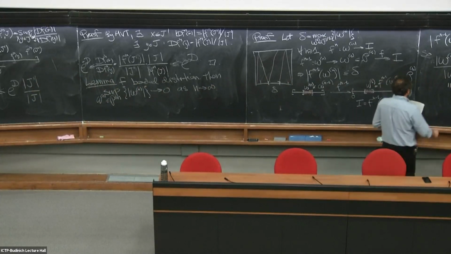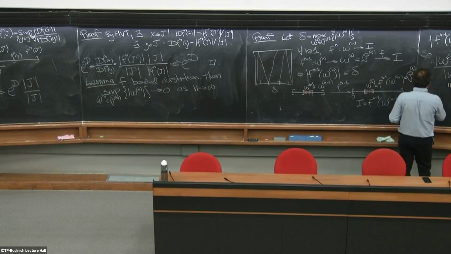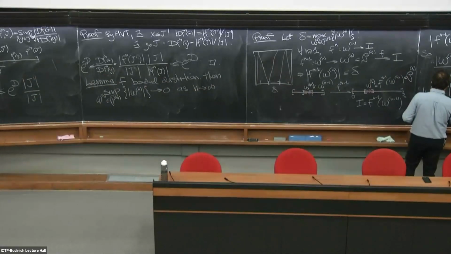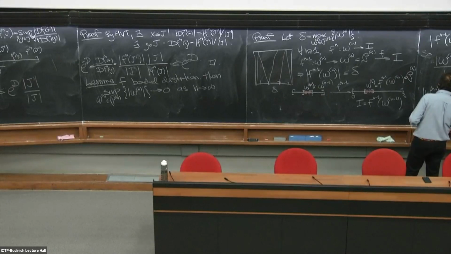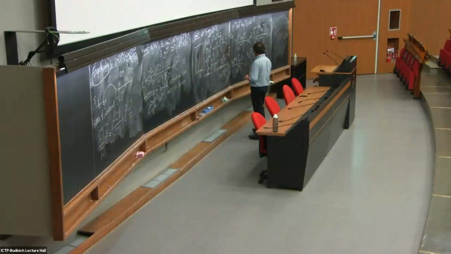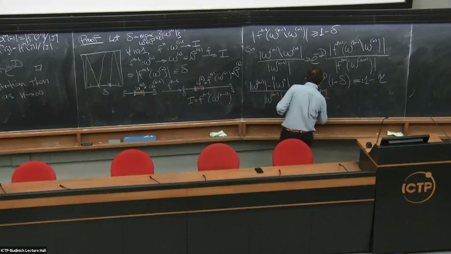Exactly. So this is omega n minus 1. That's a good observation. In motion, this is over omega n minus 1, right? And this here, we can just write as 1 minus omega n over omega n minus 1.